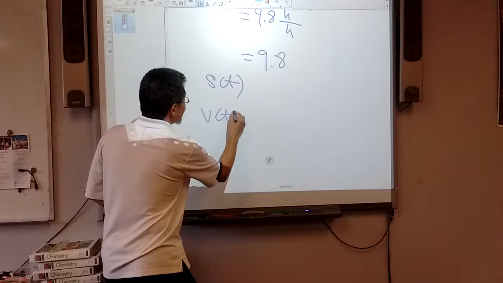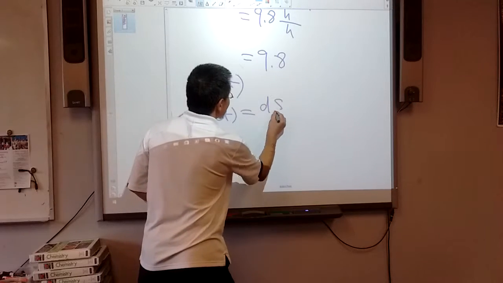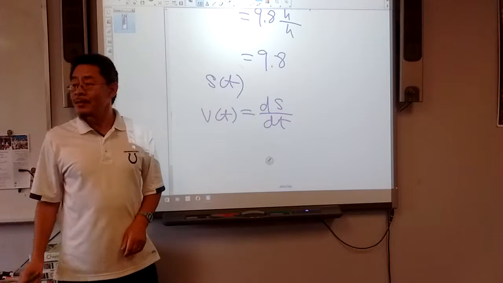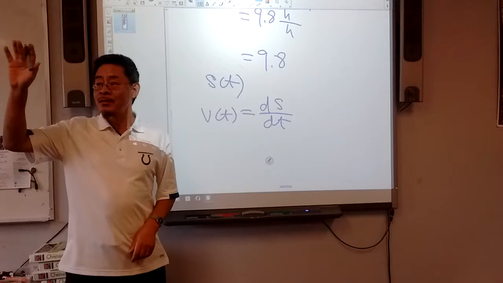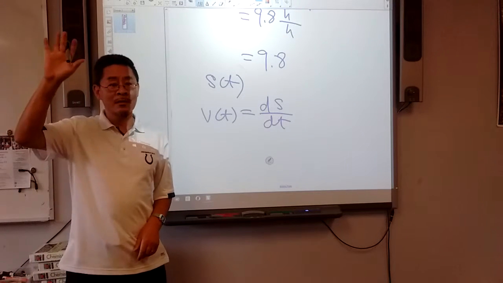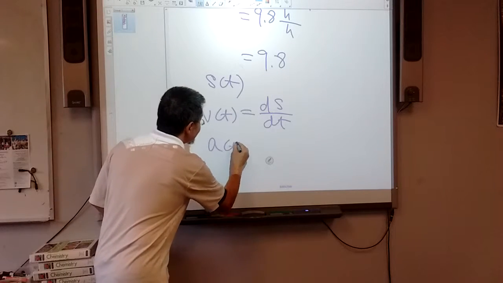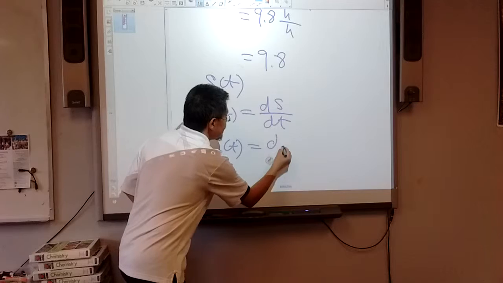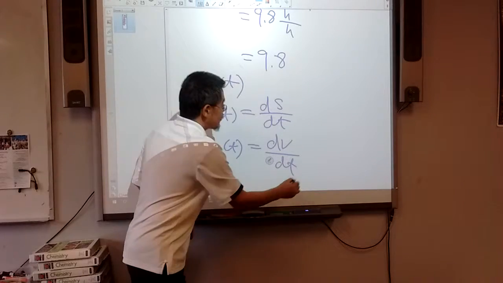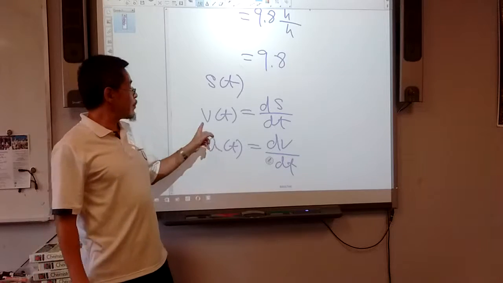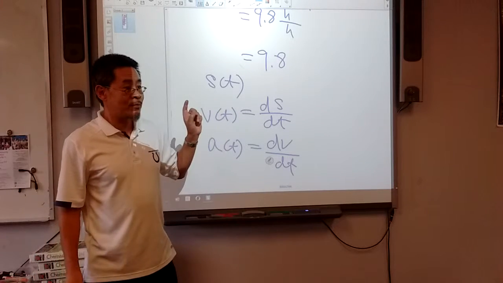And we write this as ds over dt, that's the derivative. Are we good here? And our acceleration as a function of t is dv over dt. All those, we take the derivative. Remember, derivative just means we find the slope, right?